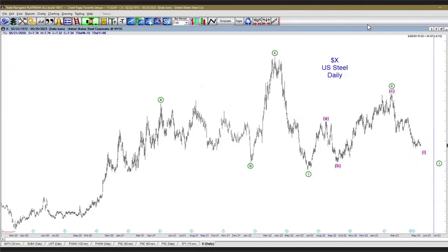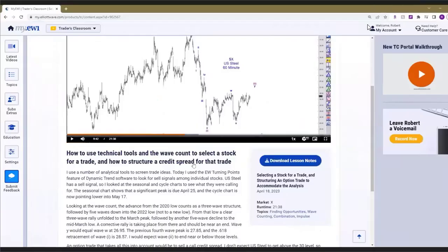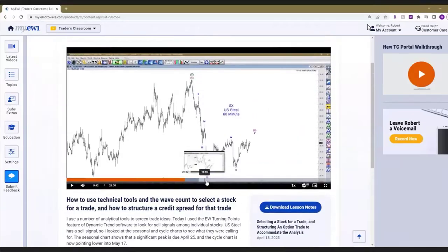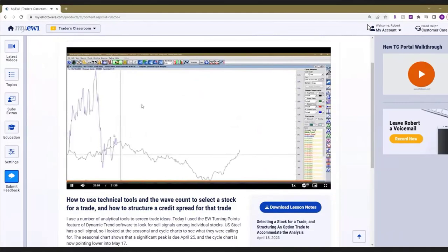So let's see. Oh yeah, you know, the seasonal chart, going back to this. Where was that? Yeah, there's the seasonal chart for US Steel. Look at that.